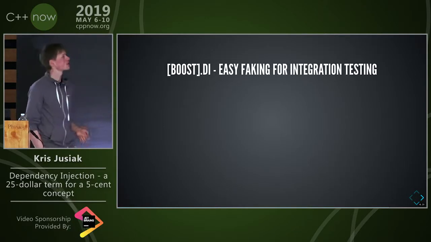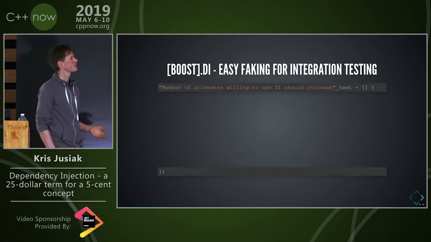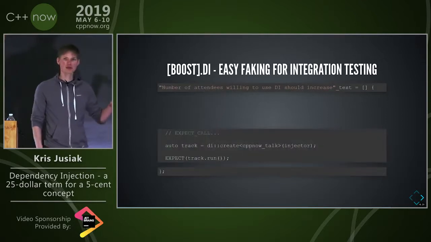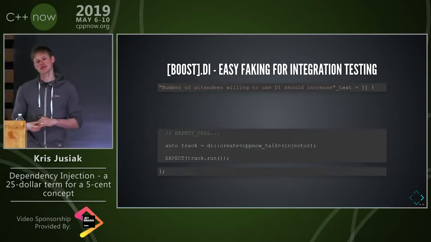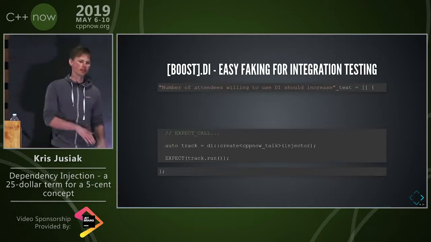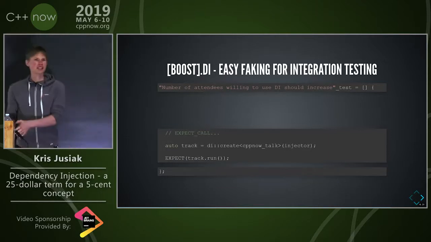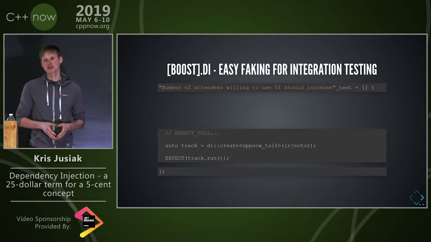It's the same with integration testing. Let's assume you have this test, and you would like to change just a bit of the wiring of the production code. We have the production wiring, which is hundreds of lines of binding, but we have a database or something which we don't really want to integrate with in our integration tests.